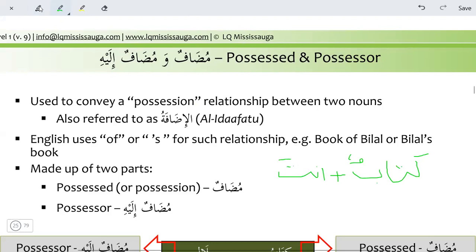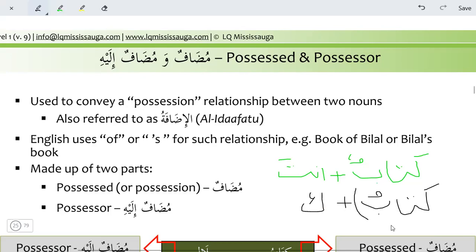So it will become kitabuka. The attached pronoun of anta is ka. We are showing here the possession of a book.